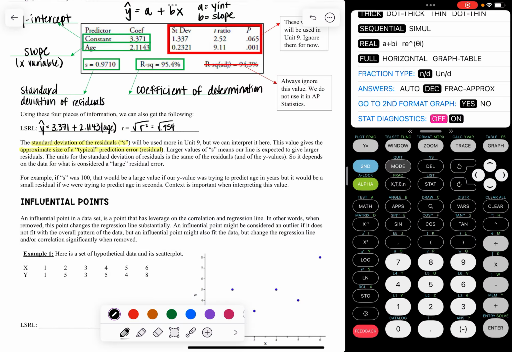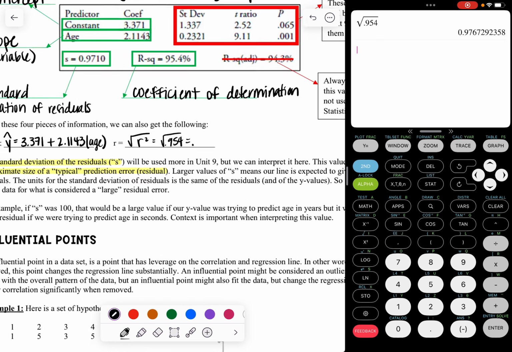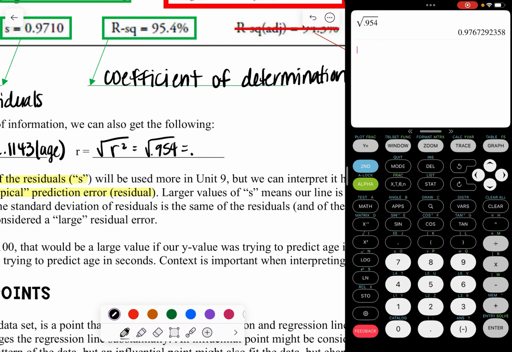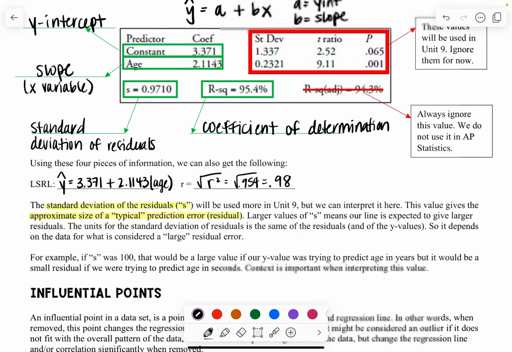Okay, so I'm going to go second, square root, 0.954. The big thing here is you have to remember it has to be written as a decimal when you go in to take the square root. So my r value is going to be 0.98.